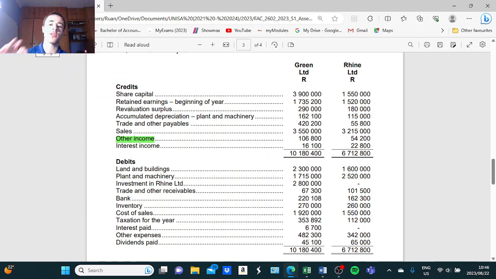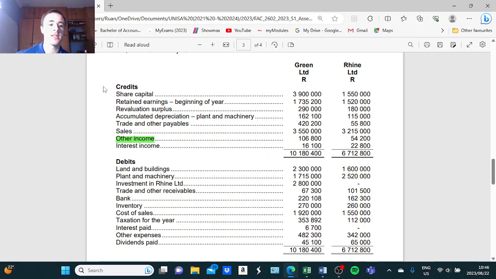So you will start by adding those two amounts up, because remember, during consolidation the subsidiary's items will form part of the group in the post-acquisition period, or after the group was formed.